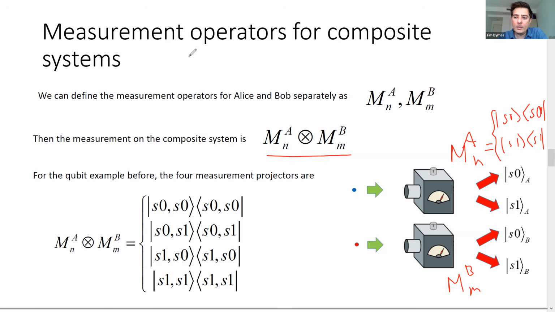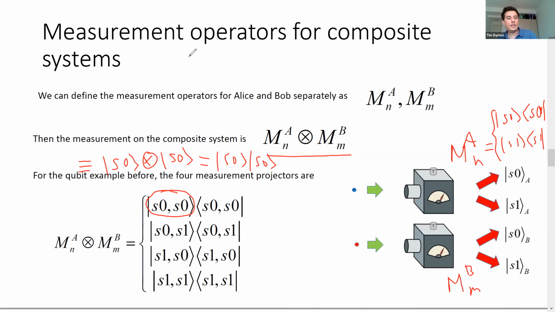Now what we do when we look at the measurement operator for the combined system is basically follow the same rule. So this thing here is, for example, equivalent to S0 tensor S0, or sometimes I'll just write it as S0.